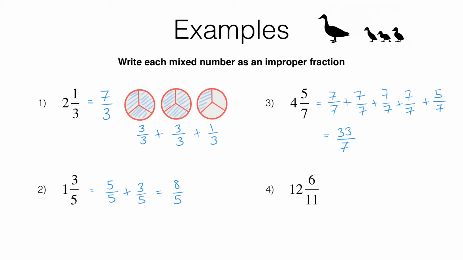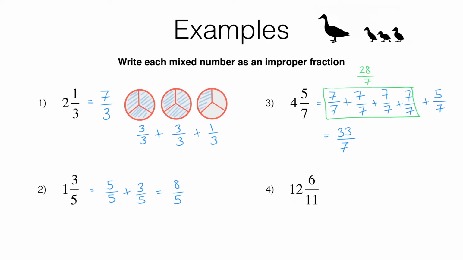So all of that would be 28/7 without having to add them up separately. We're just going to do 4 times 7 to get the 28 as our numerator. So we have 28/7 plus 5/7. And this technique will save us time when you're dealing with bigger numbers like we've got in question 4.